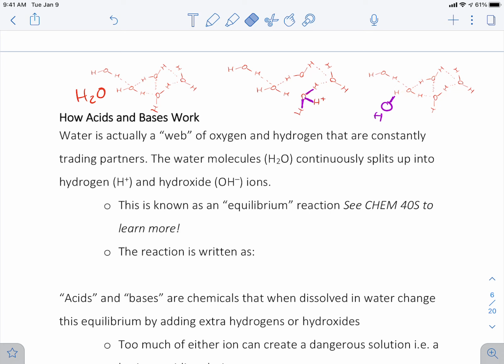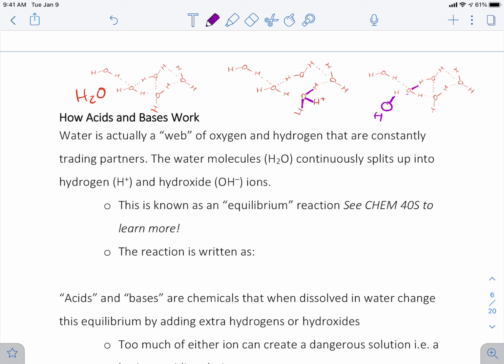So all of a sudden it breaks that little bond, and that makes the network different. The network is not as balanced as it was before, and that loss of balance changes the way it behaves to other chemicals.